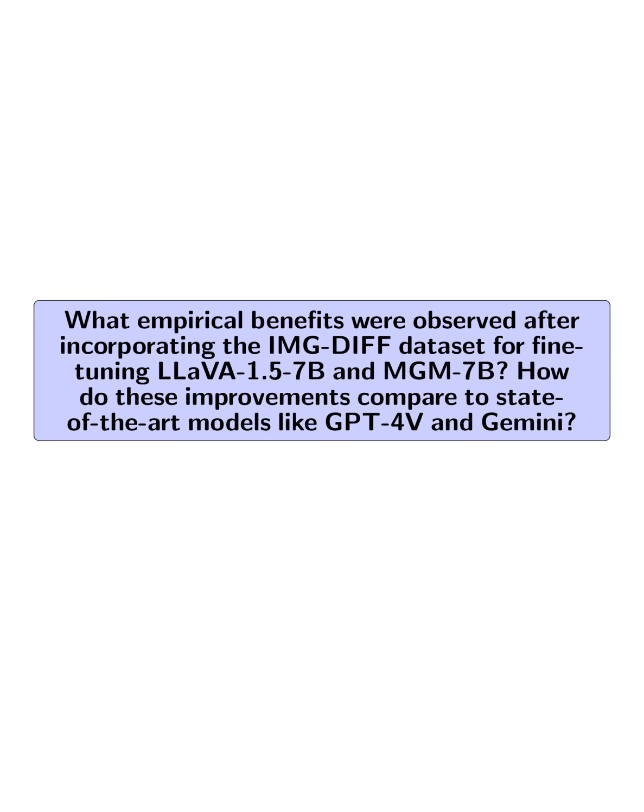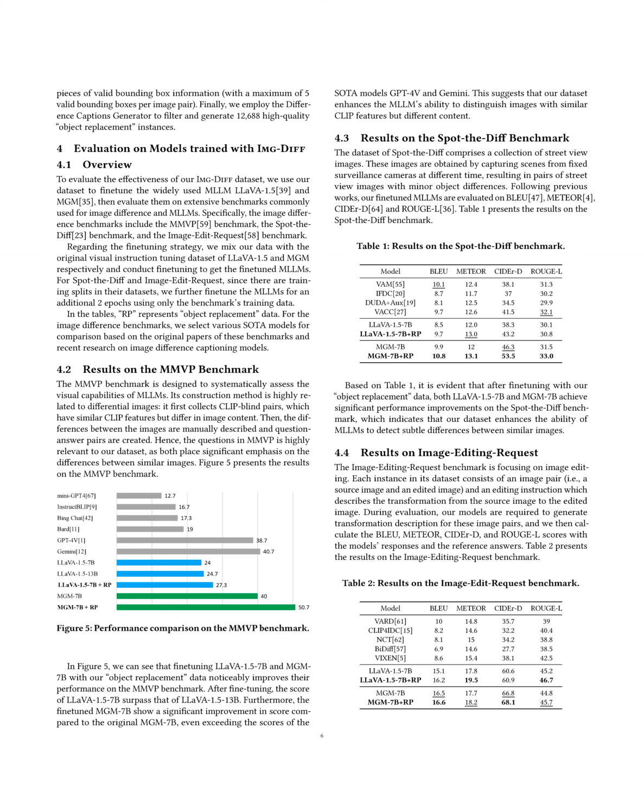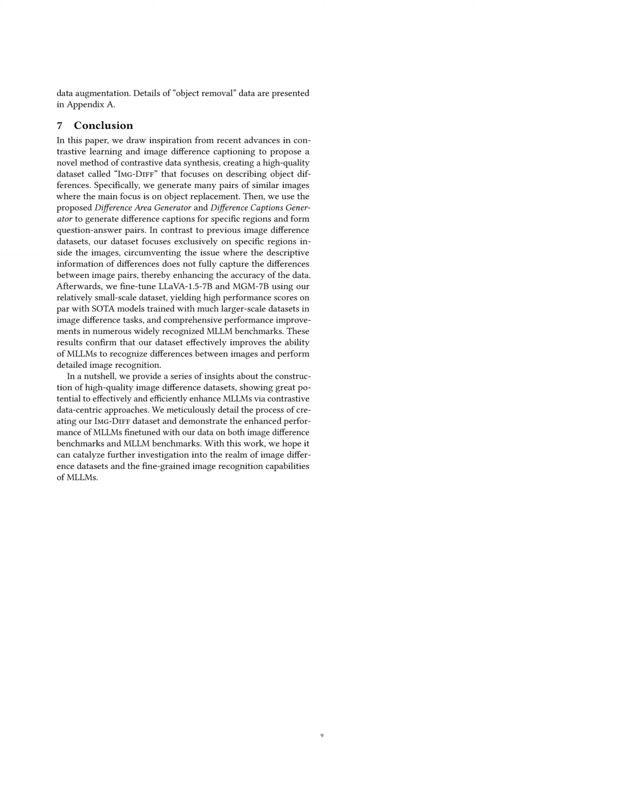What empirical benefits were observed after incorporating the Img-Diff dataset for fine-tuning LLaVA 1.5-7b and MGM-7b? How do these improvements compare to state-of-the-art models like GPT-4V and Gemini? After incorporating the Img-Diff dataset for fine-tuning, both LLaVA 1.5-7b and MGM-7b exhibited significant performance enhancements across various benchmarks.